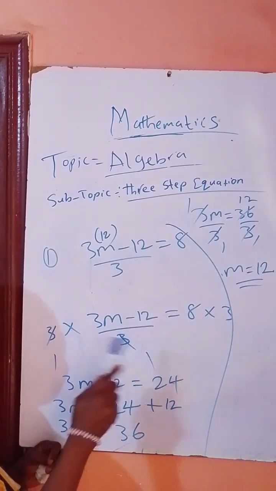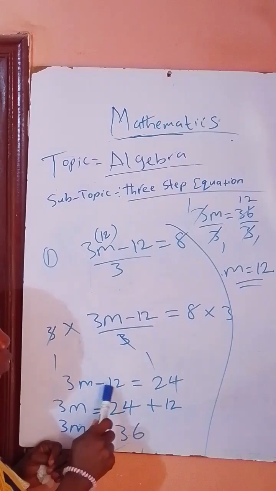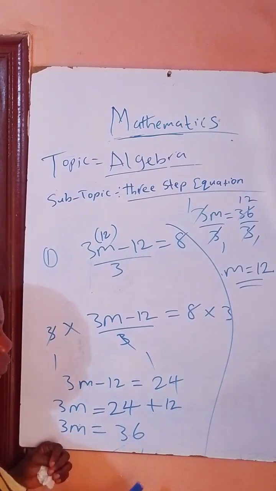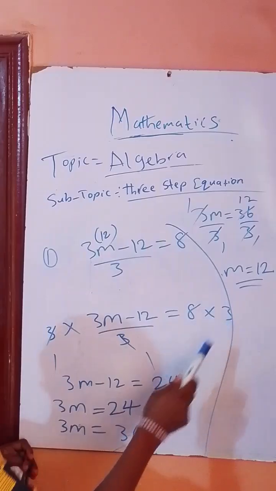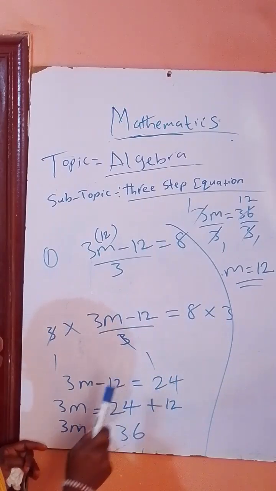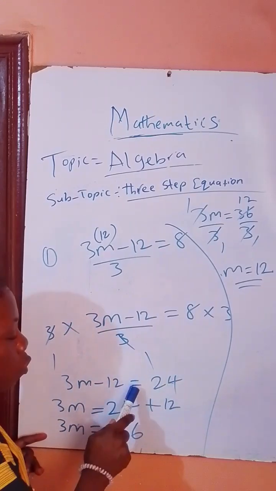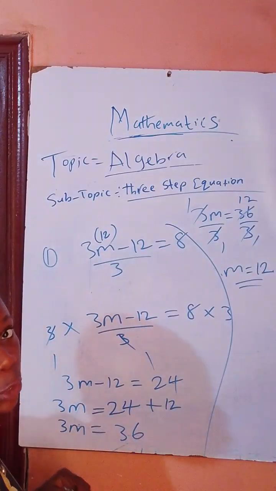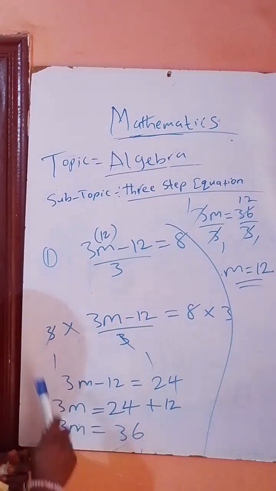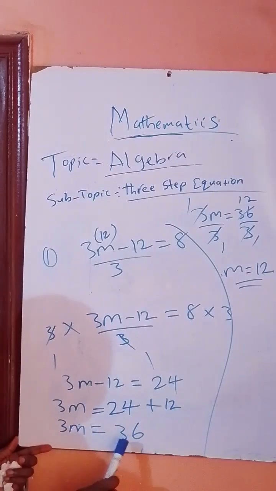We're now left with 3m minus 12 equals 24, because 8 times 3 gives us 24. The minus 12, when it crosses the equal sign, changes to plus. Then we have 3m equals 24 plus 12, which gives us 36.